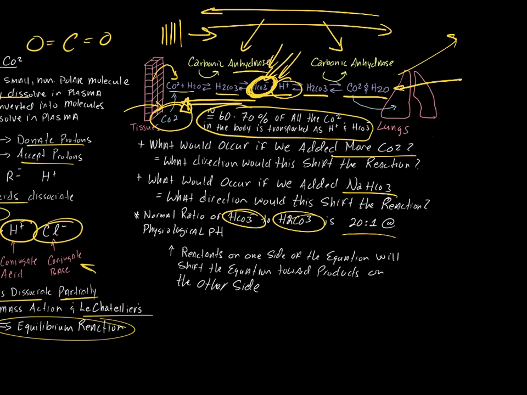We should have 20 bicarbonate molecules to 1 carbonic acid, right? And as I start making more and more carbonic acid, this ratio becomes lower, and we ultimately become more acidotic as the blood buffer system becomes incapable of buffering those acids that are produced.